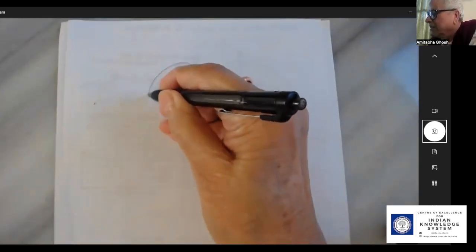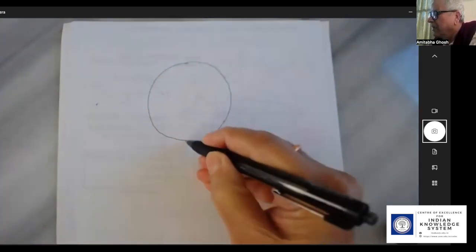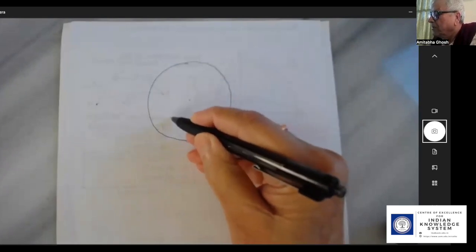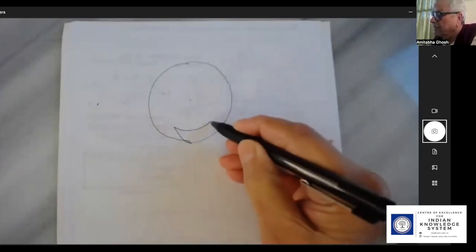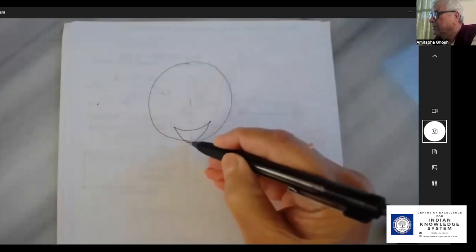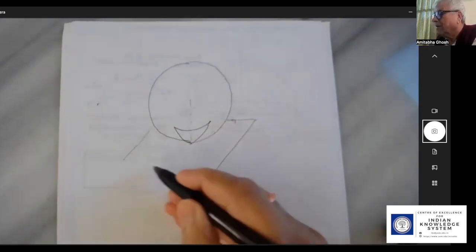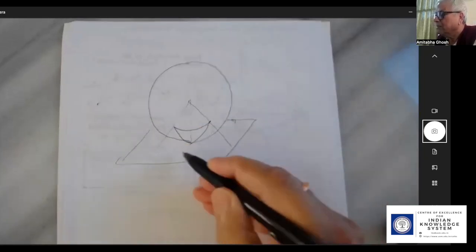How we derived it was, we considered that this is a sphere, any sphere, and this is the center of the sphere, and we considered a spherical triangle like this, where this is the point where the plane is touching, and we drew triangles like this.